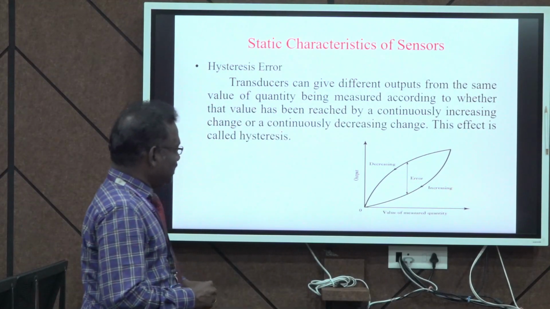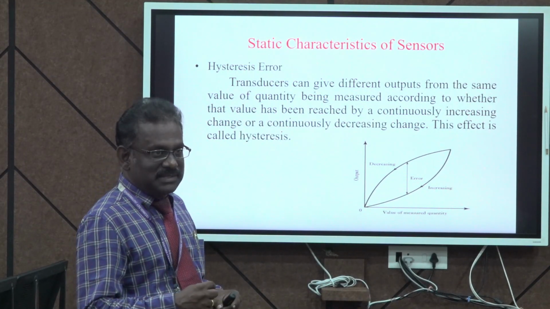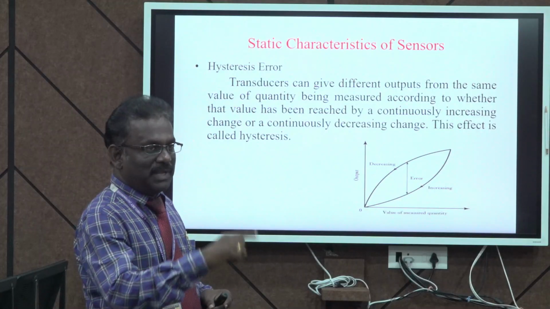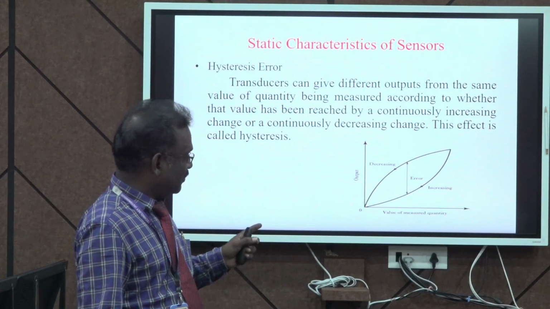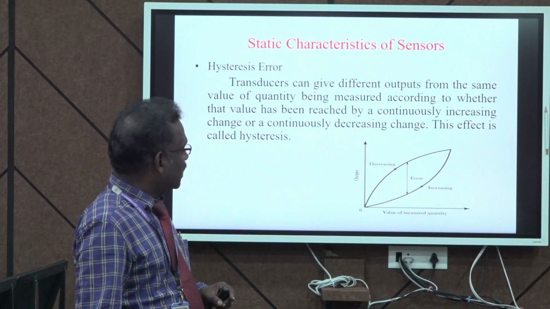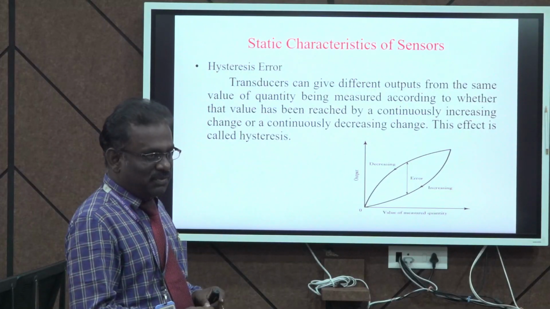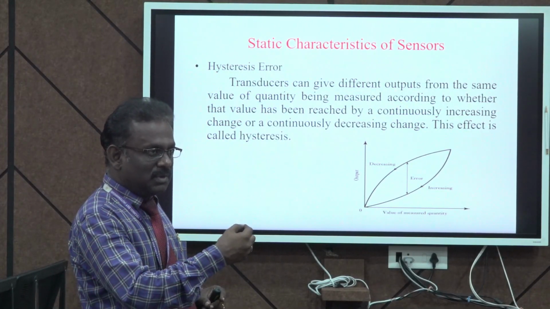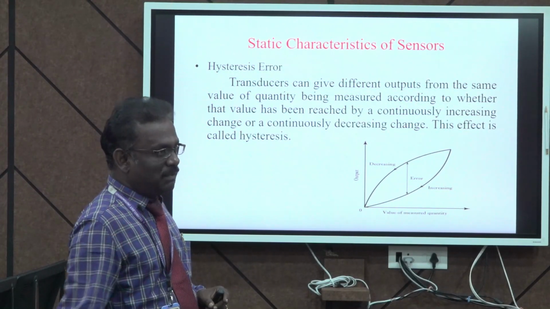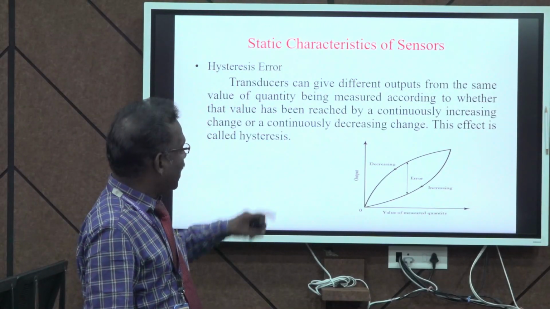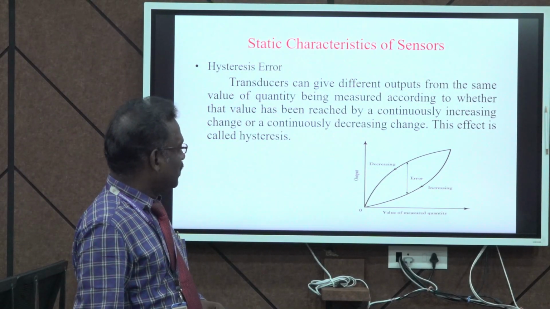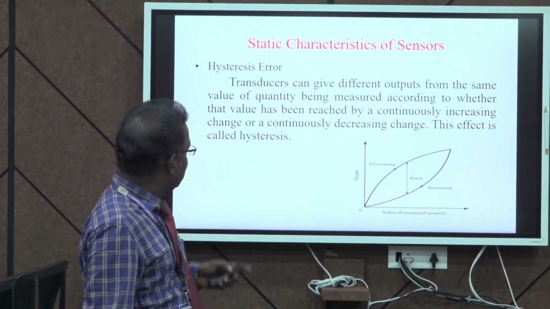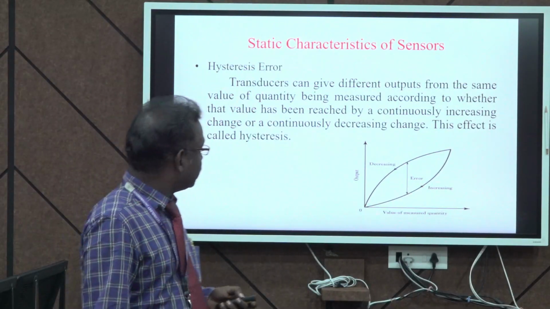This curve is obtained when we increase the input from the lowest value to the highest value. Suppose after reaching the highest value, you reduce the input so that it reaches the minimum value, at that time you will have another curve like that. So the maximum difference between these two curves is said to be the hysteresis error.